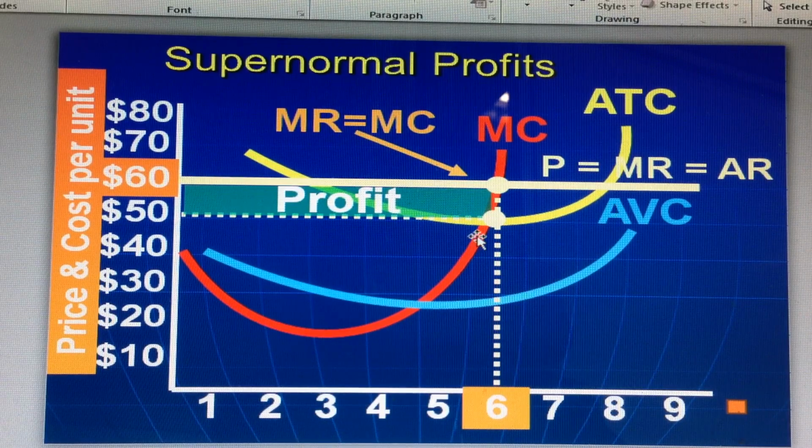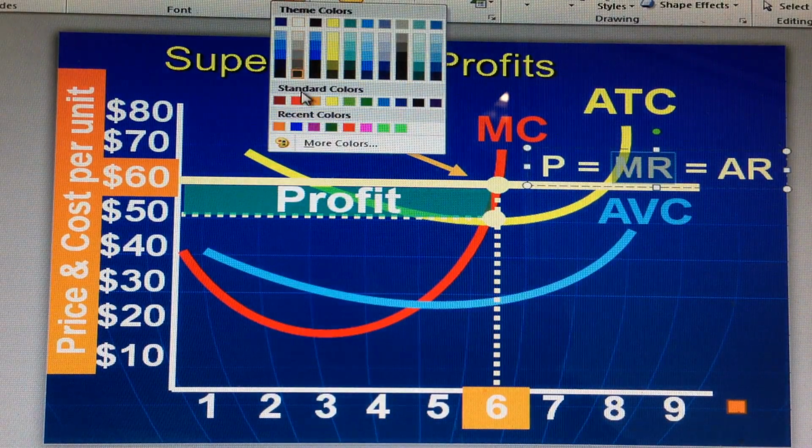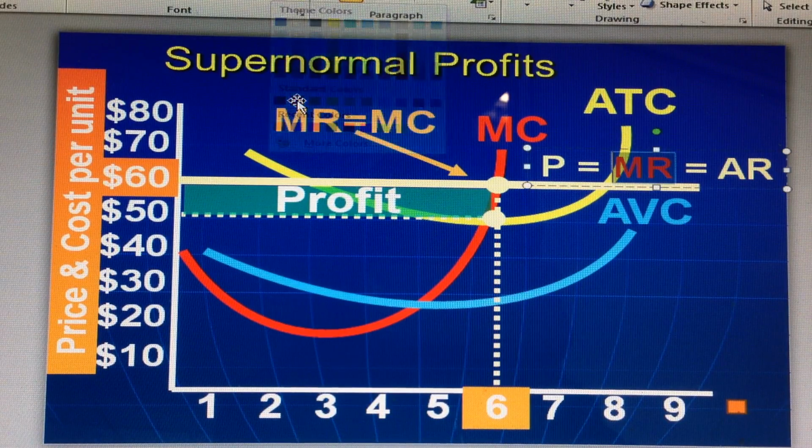The next part you have to note is how much you are going to produce. Now, your MC curve, last week we already went through the marginal average rule. Your MC must cut through the AVC and the ATC at the minimum point. After you have drawn all this, we are looking at the profit maximization rule, which is MR equals MC.